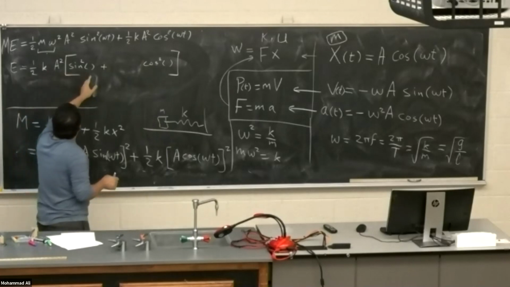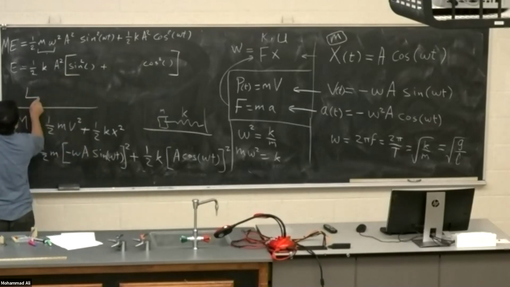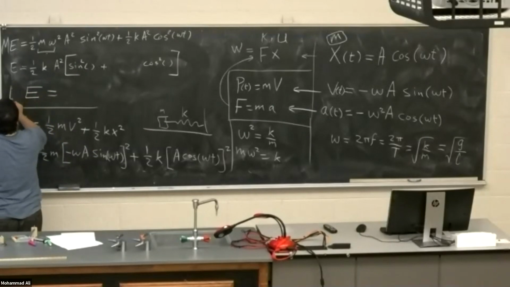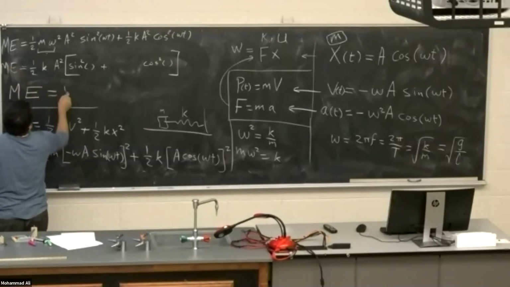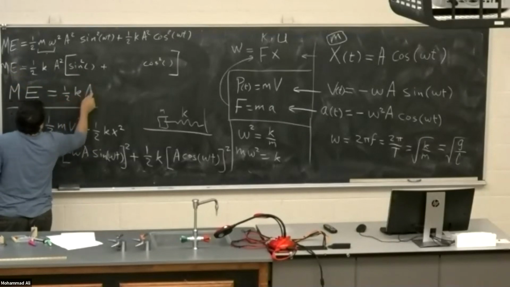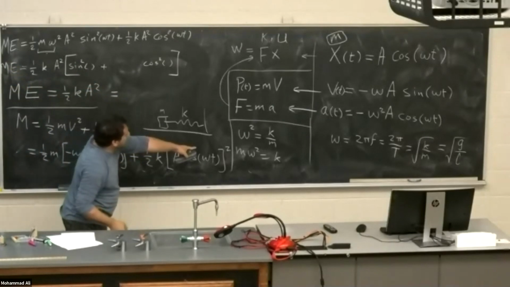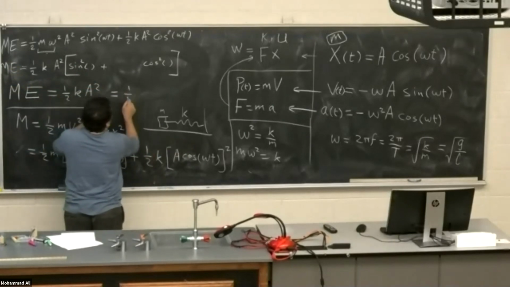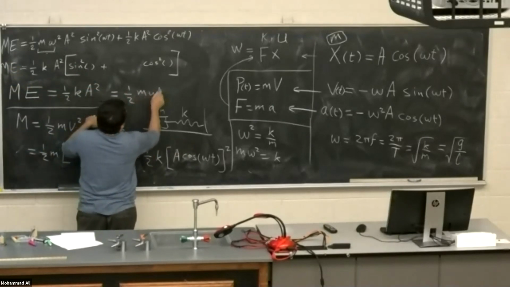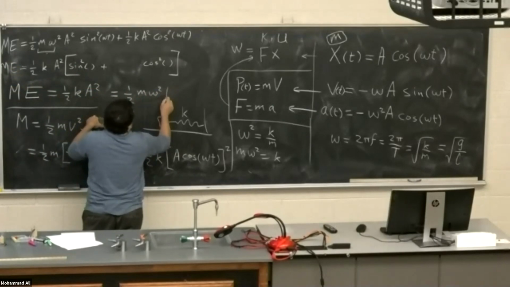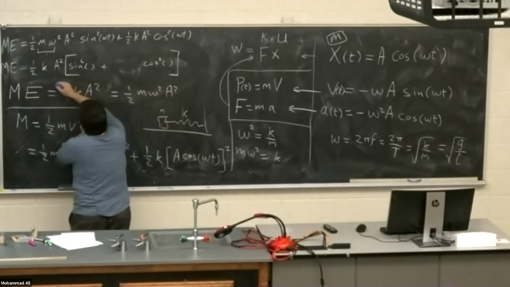So the mechanical energy is equal to 1/2 k A squared, which is equal to, if you need, 1/2 m omega squared A squared.